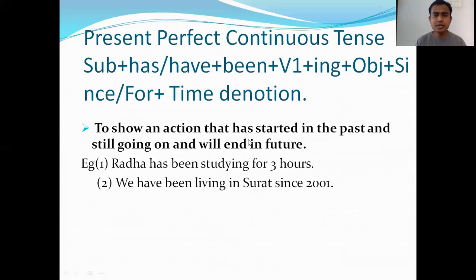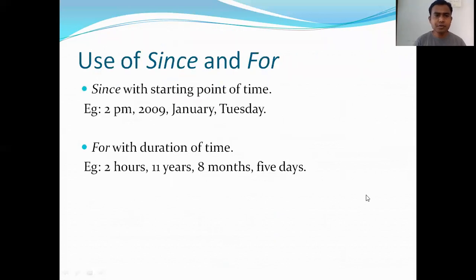Now, students, you can see the words for and since. Now we will understand when we have to use for and when we have to use since. You see, since we have to use when we are talking about the starting point of time. Like for example, 2 p.m., 2009, January, Tuesday. These are the starting points of time.